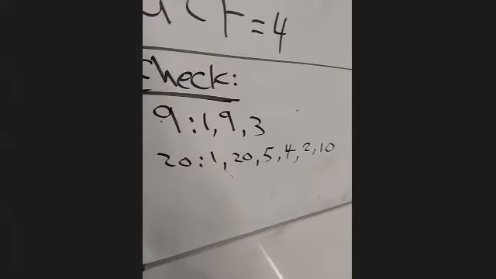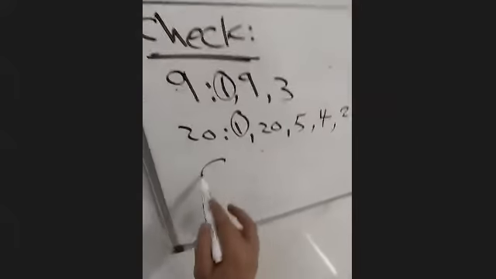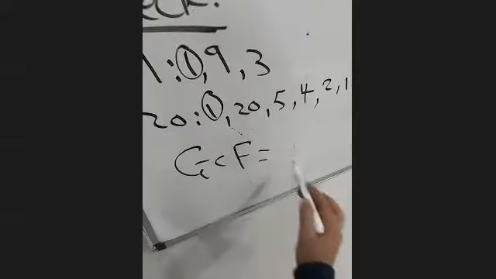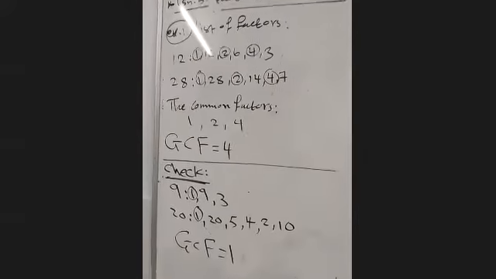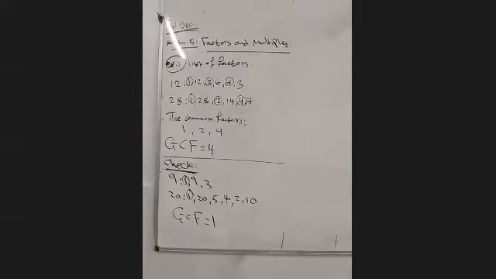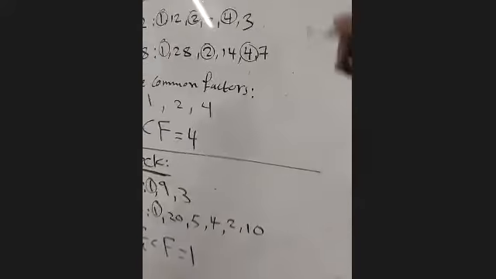Only 1, right? Yes. So what is the greatest common factor here? 1. There is no other, right? Yes. This is the example and the check, guys. Do them, please. Do the check here. And let's move to example 2.